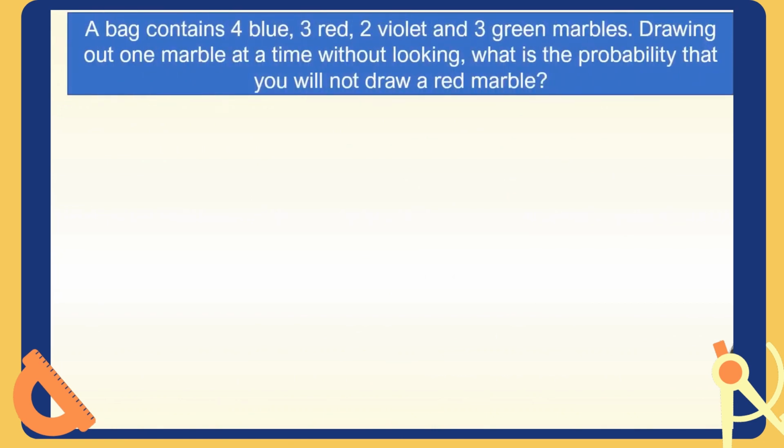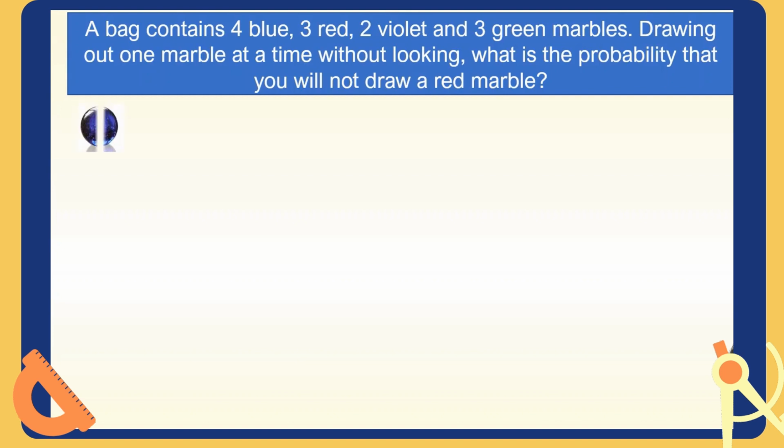Next example. A bag contains 4 blue, 3 red, 2 violet, and 3 green marbles. Drawing out 1 marble at a time without looking, what is the probability that you will not draw a red marble?